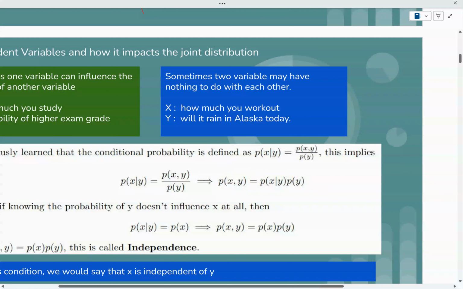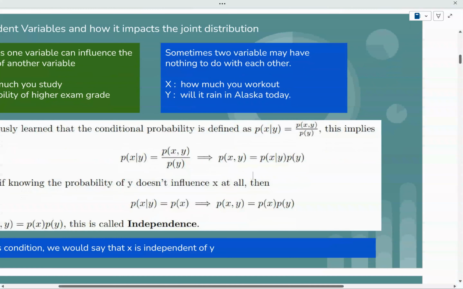And we talked previously about how if x and y are independent of each other, if y has nothing to do with x, therefore it doesn't matter what y happened, the probability of x doesn't change. That implies that y is independent of x. And when that's the case, the equation for independence becomes this. So notice how even given y, x doesn't change. Therefore, this is equivalent to p of x.